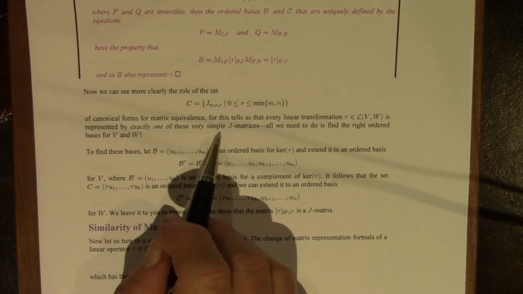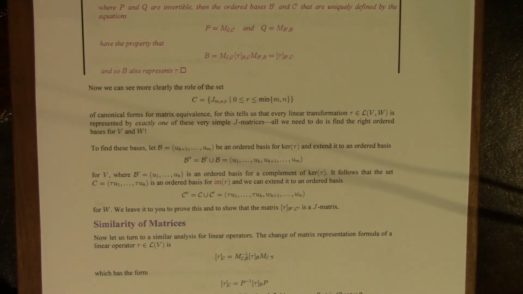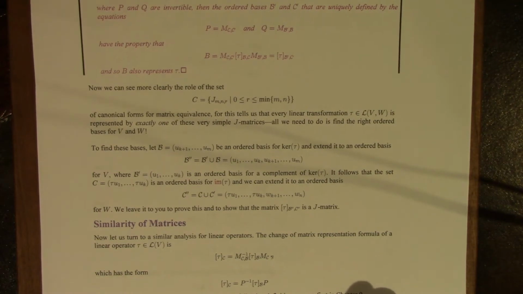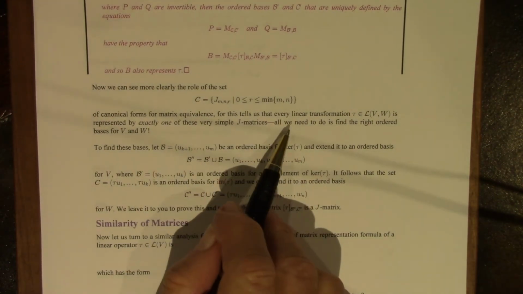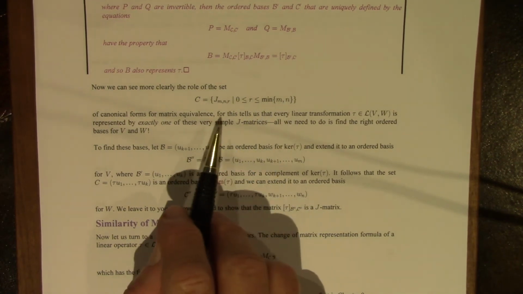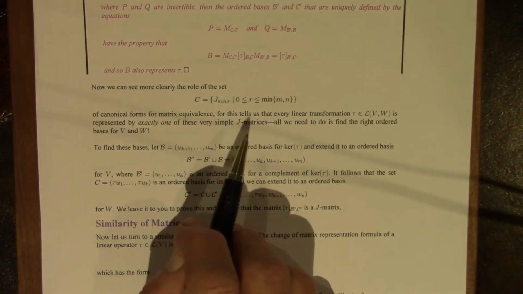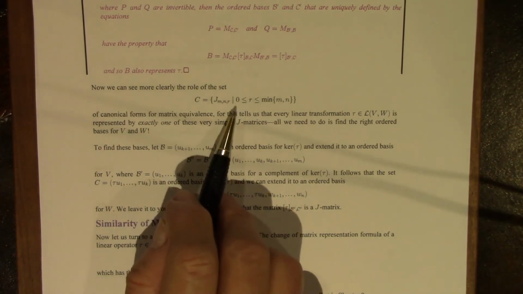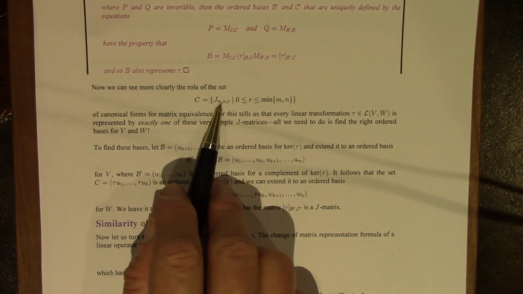How do we find a simple method for determining the J matrix that is equivalent to a given linear operator? Or put another way, we need the ordered bases B and C under which the matrix representation for tau is the J matrix.